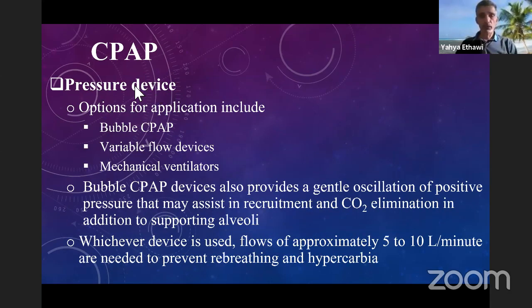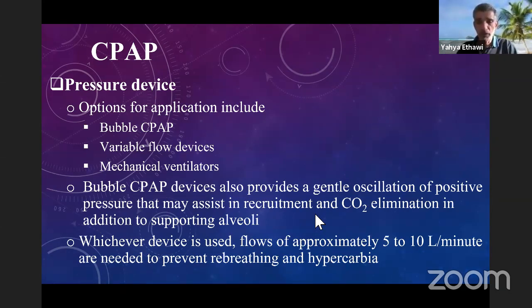As we said, the devices are either bubble CPAP, variable flow device, or mechanical ventilator continuous flow CPAP. Some bubble CPAP may provide some oscillation, and if you need an oscillation, probably you are helping in recruiting more alveoli and clearing CO2. And how that works, we need another session about non-invasive ventilation to know why.